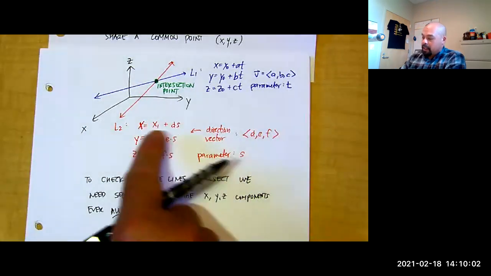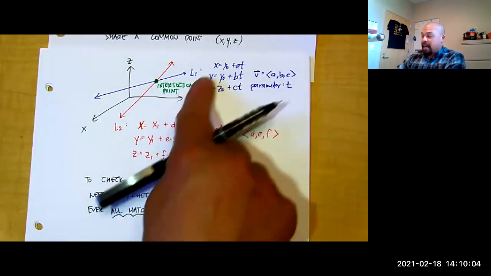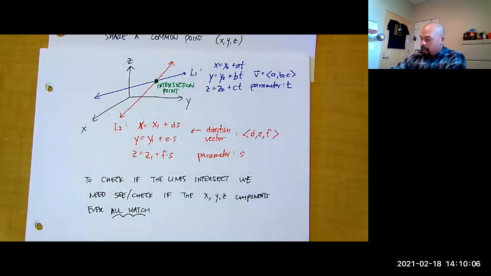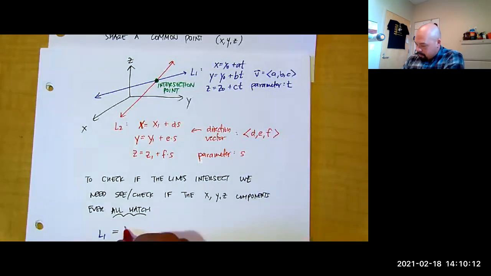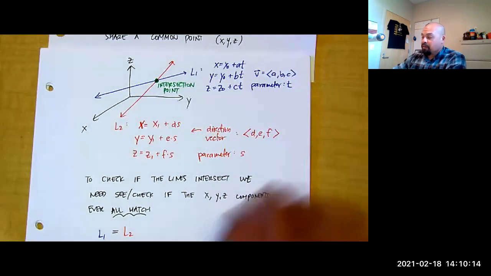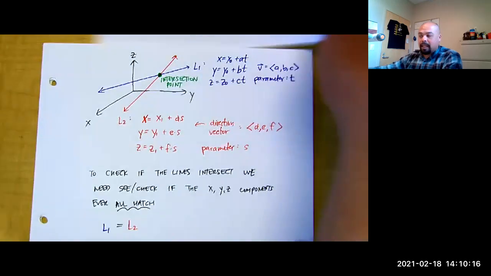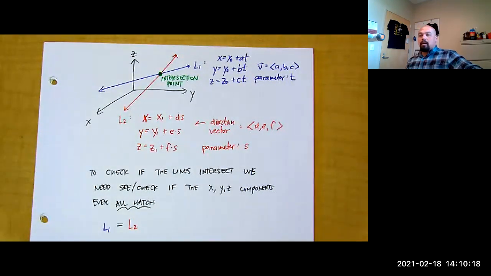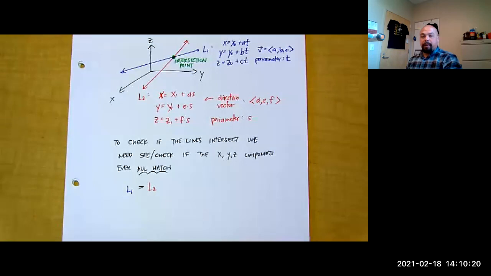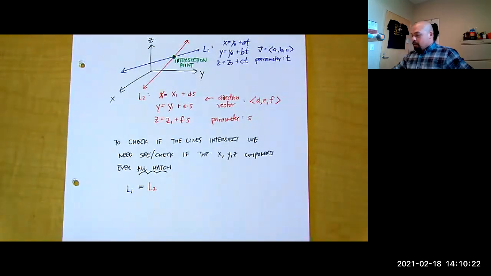So the X coordinate from one line matches the X coordinate from the other. In this case, basically we're seeing if L1 ever equals L2 for some point. That's a very overly simplified notation here, but hopefully that concept makes sense.